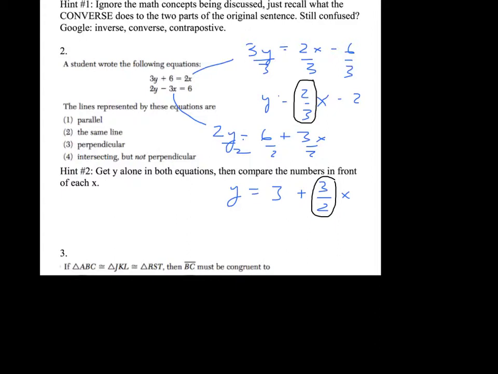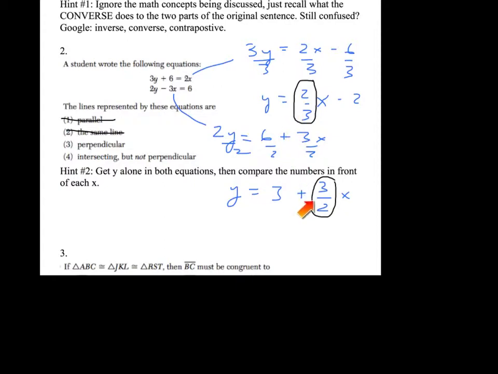Now when we compare both of these two slopes with each other, we see that they're not the same slope. So if they're not the same slope, they cannot be parallel, they cannot be the same line. Are they perpendicular or are they not? Remember, for them to be perpendicular, they have to be negative reciprocals, the same fraction flipped, which it is, but with a different sign.